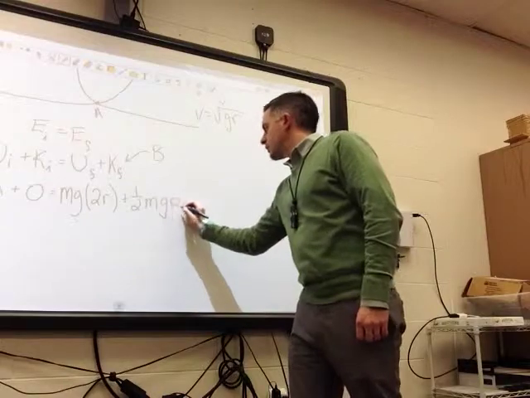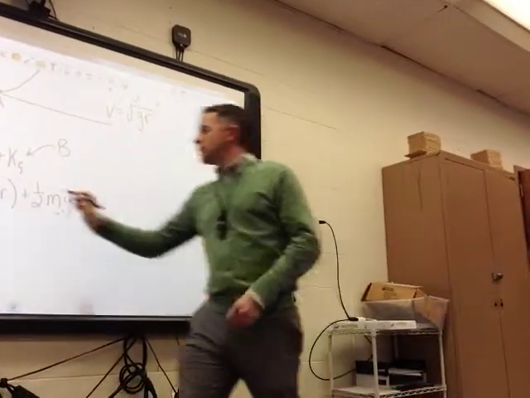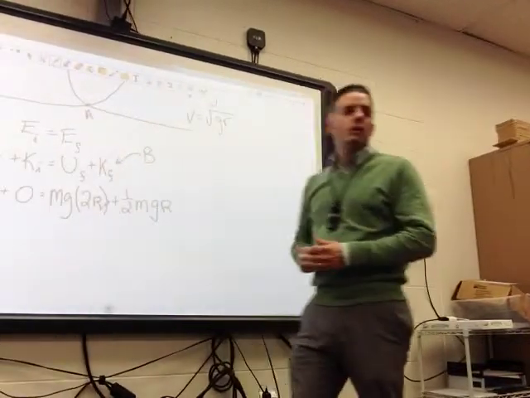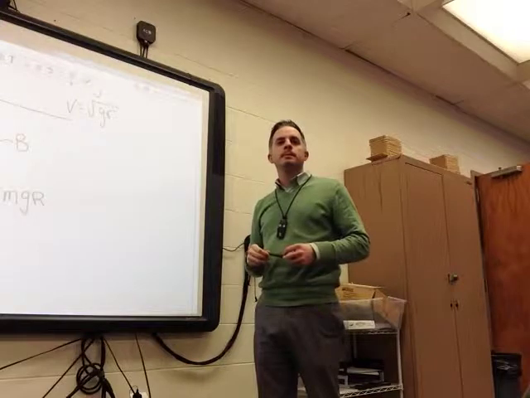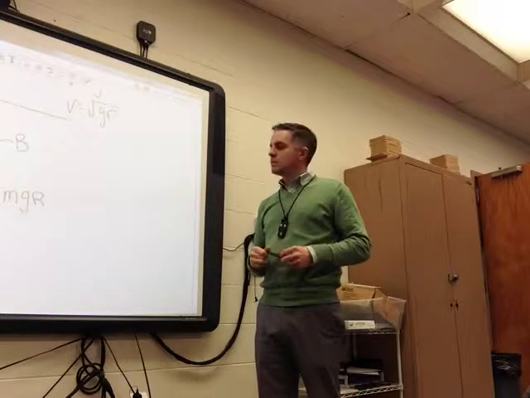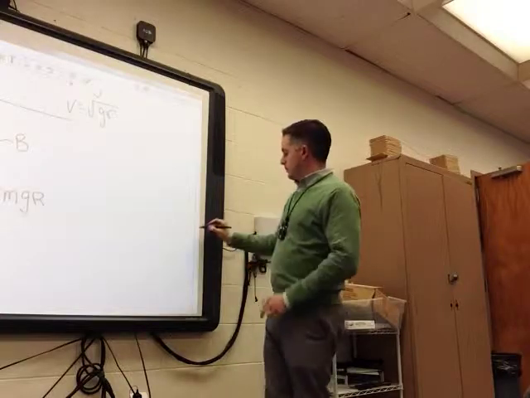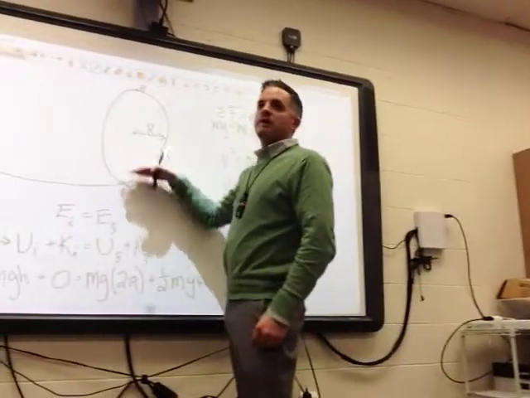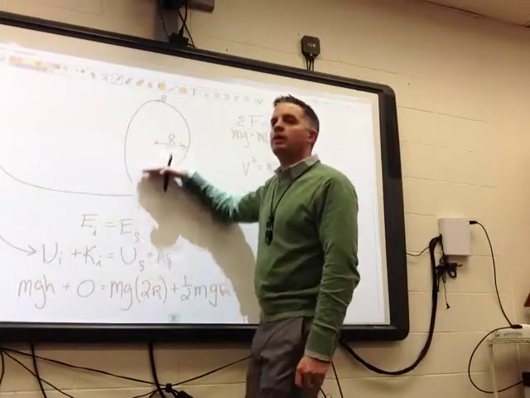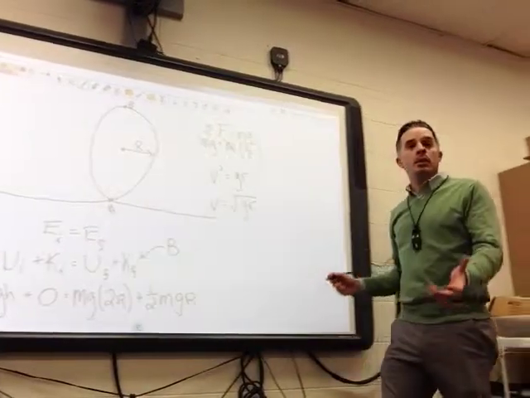It's capital R. All right, are we good with the substitutions I made? Why isn't it the circumference of the circle? Because we just want the height for gravitational energy. It only has to do with how high we are off of the ground. So in this case, it's just the diameter.